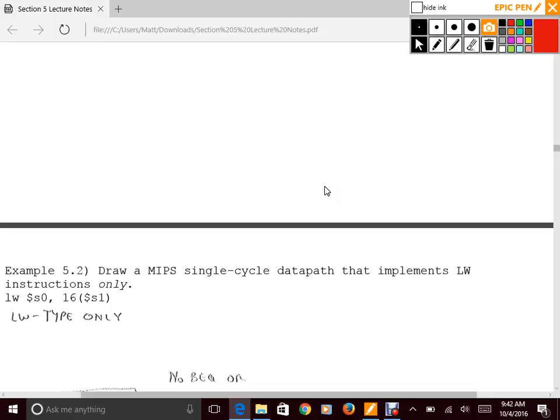Pulling from the data memory and storing it in the register, right? Here's a good way of thinking that will help you with this problem. Storing to data memory, writing to the registers. So in this case, load word is pulling from data memory and writing to the register.